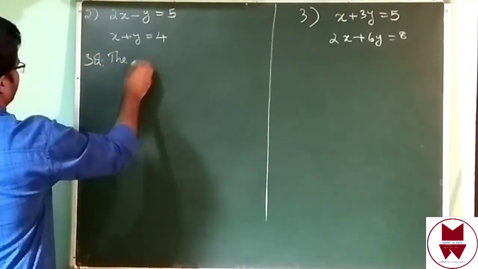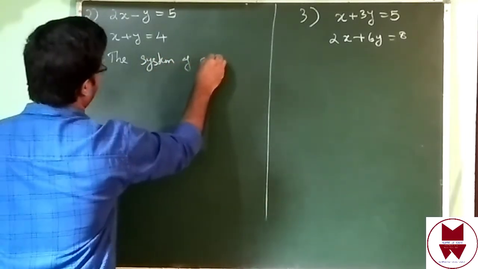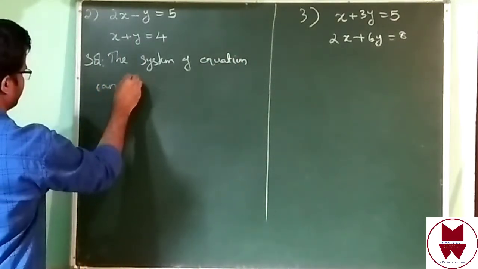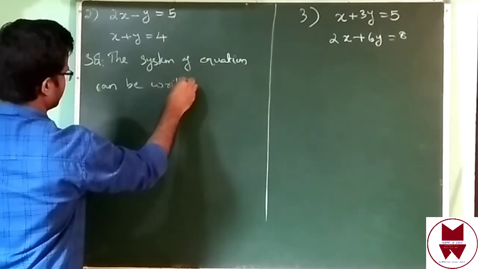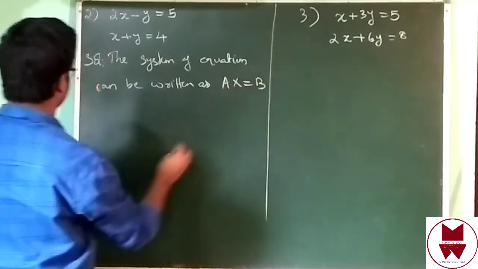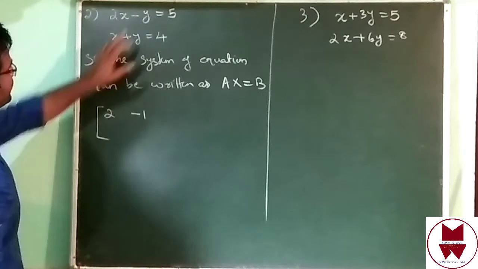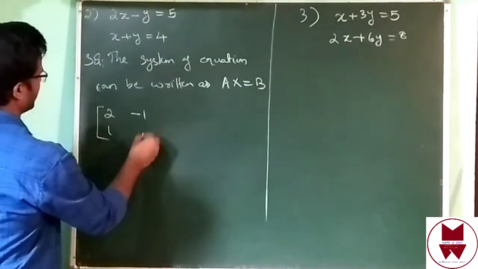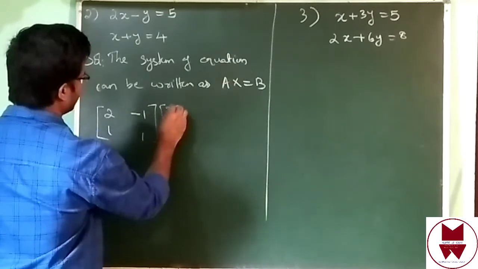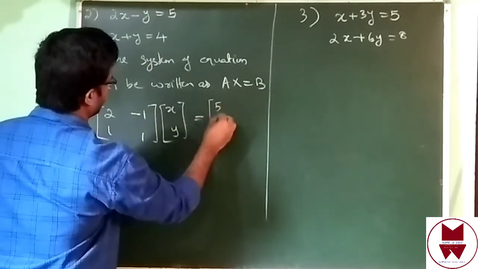First we can write the system of equations as Ax equal to B. First change it to matrix form: 2, minus 1, the coefficient of y is minus 1, then 1, 1. Then x means x, y, then 5, 4.